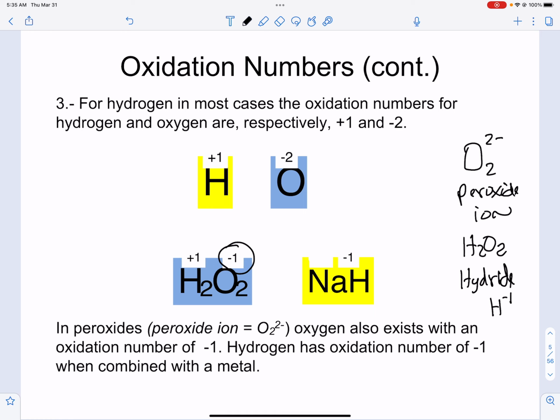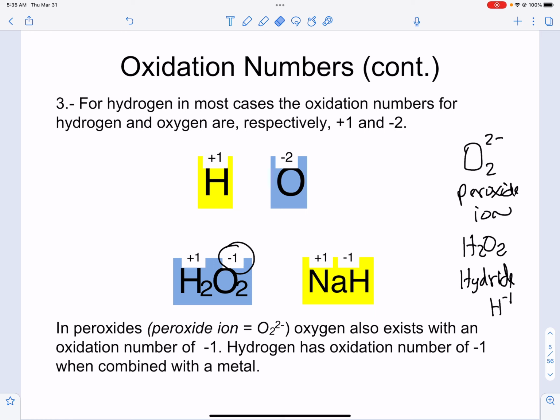Because remember, hydrogen with only one proton and only one electron can lose the electron to become H plus, or can gain an electron to be like helium with a full shell and becomes hydride. It can go both ways. So whenever it's with a metal, metals are more to the left on the periodic table, so they're going to be more electropositive. So the metal will have to carry the positive charge.